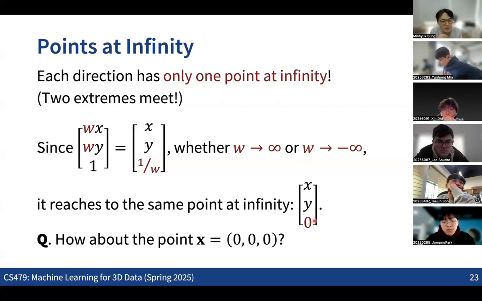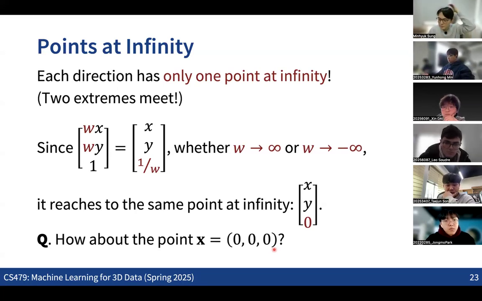And then the question is, what does the coordinate 0, 0, 0 represent in this case? With the homogeneous coordinate system, 0, 0, 0 does not represent the origin.